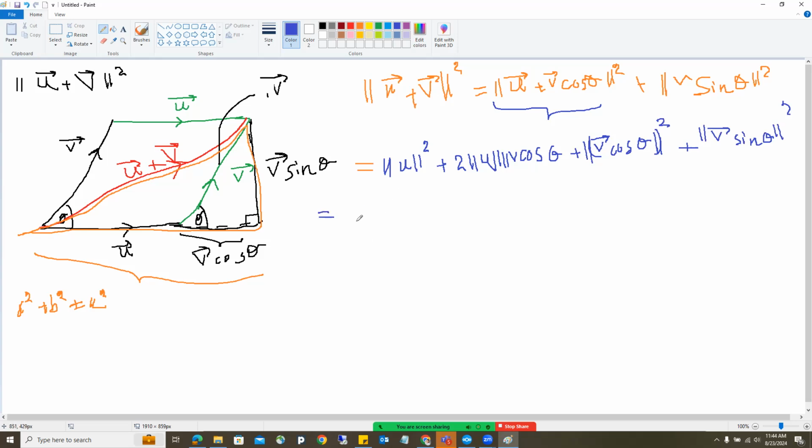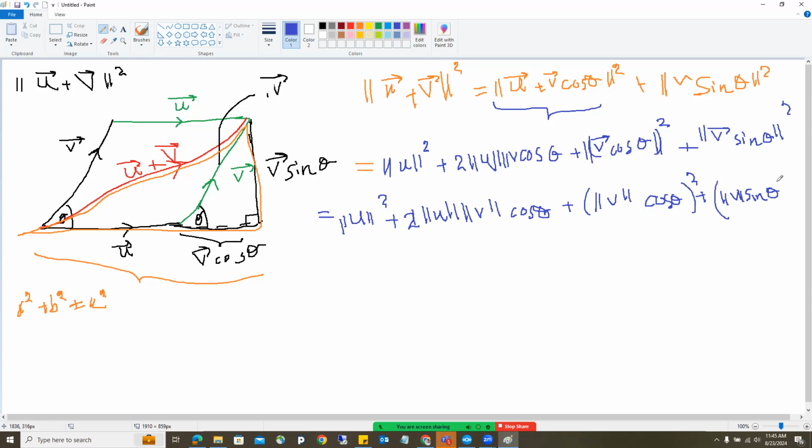Which means now here we have u squared plus 2uv cos theta, and then v cos theta squared plus v sin theta squared.